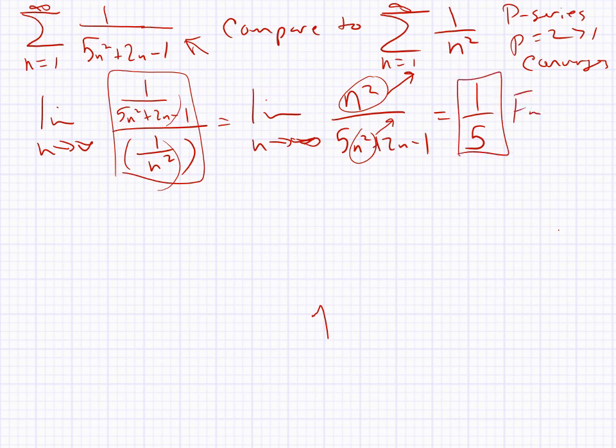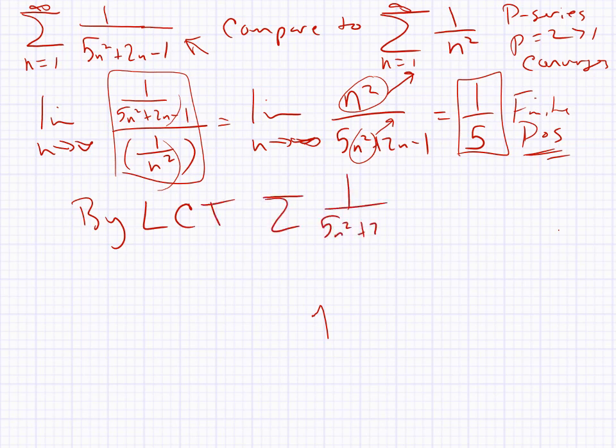That's a finite positive value, right? So by limit comparison test, the sum of 1 over 5n squared plus 2n minus 1 also converges. Now we can't say what it converges to, but at least we know it converges.